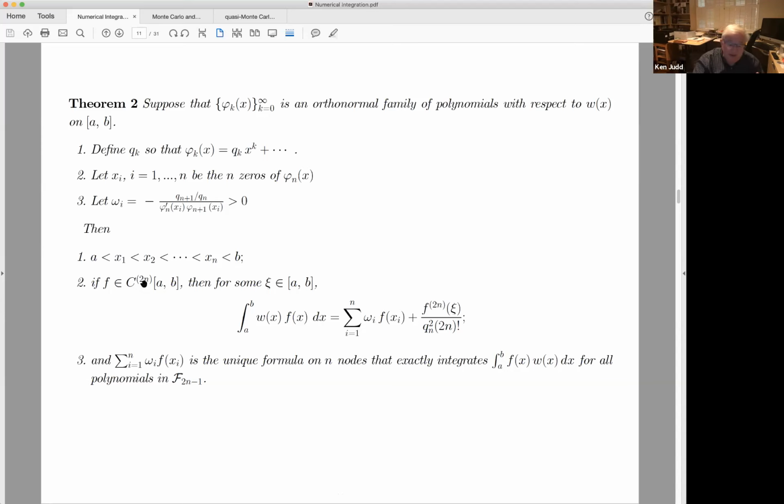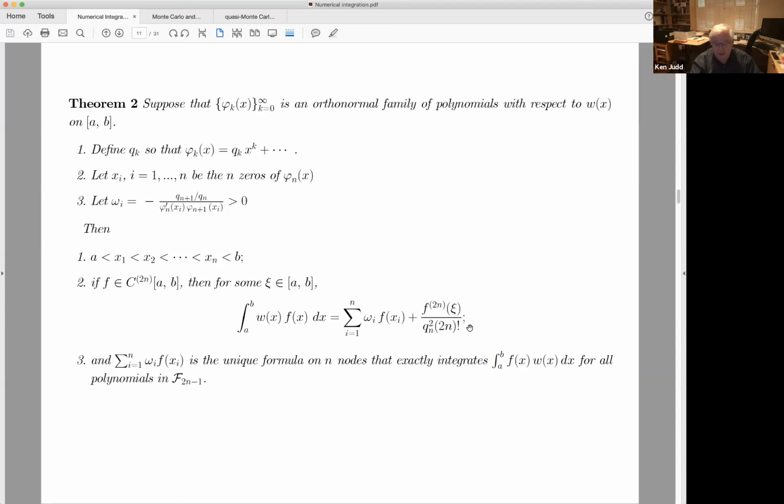If a function is 2n times differentiable, then the error of this quadrature formula, where you evaluate f at xi and weighted by the omega i's, is basically equal to this number, or for some zeta, it's equal to this. So this is the 2n derivative, divided by qn squared, and then divided by 2n factorial.